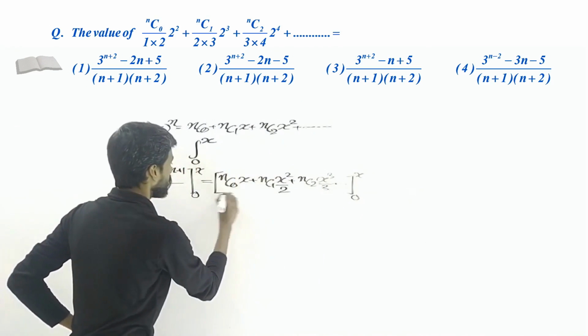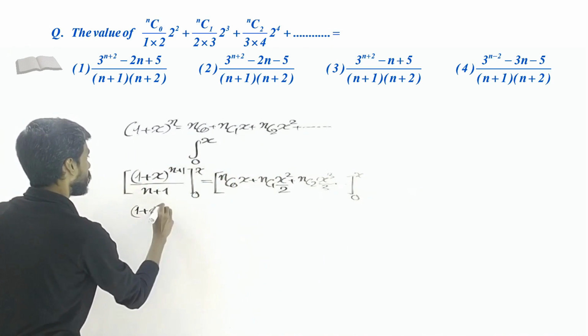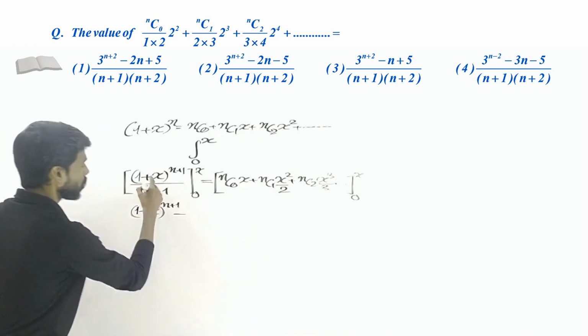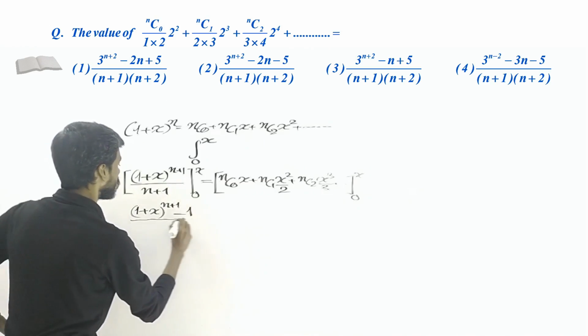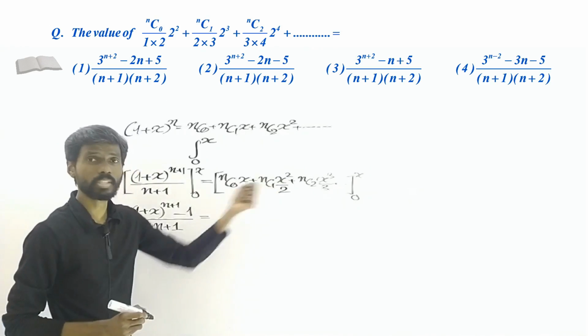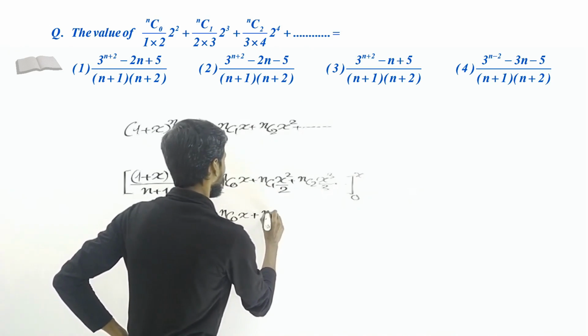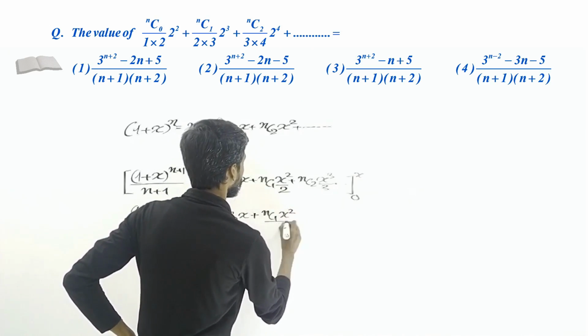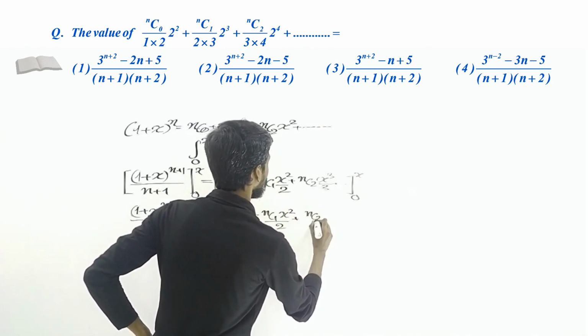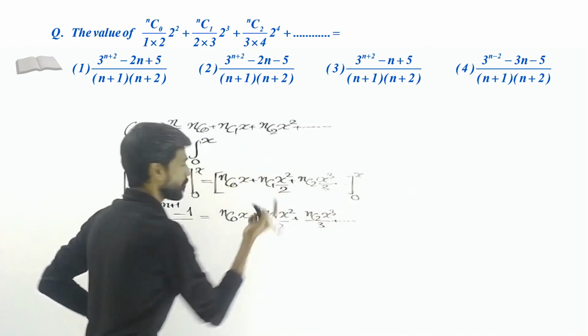Now if you substitute this upper limit x, we'll get the same thing: (1 plus x) to the power n plus 1. If you substitute the lower limit 0, we'll get 1 divided by n plus 1. So that equals nC0 x plus nC1 x square by 2 plus nC2 x cube divided by 3 plus etc. Lower limit will give you 0 anyway.